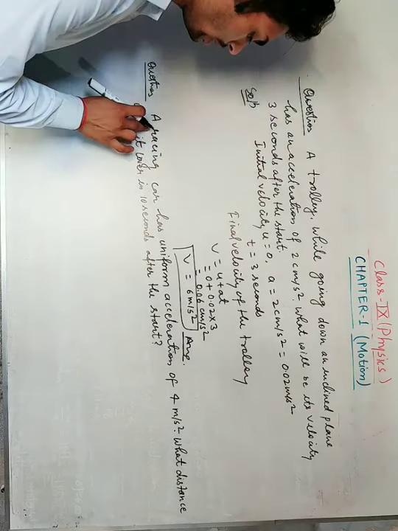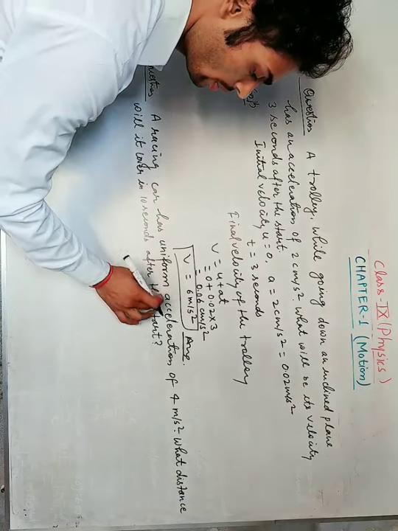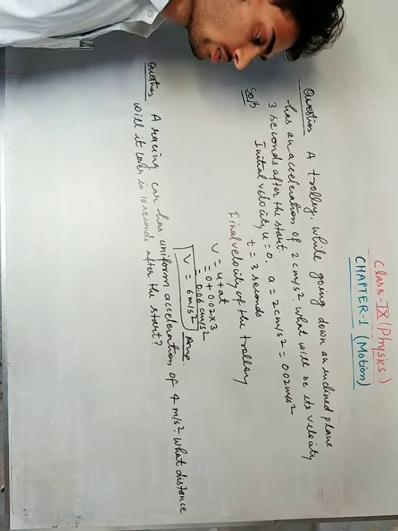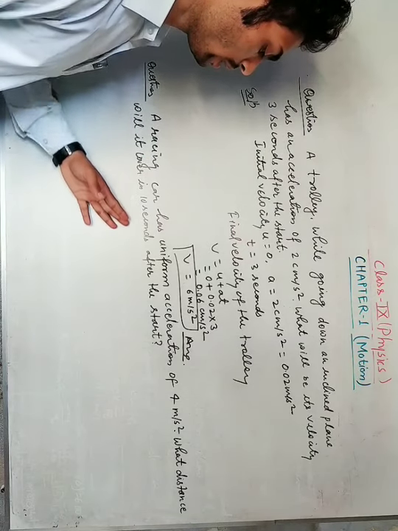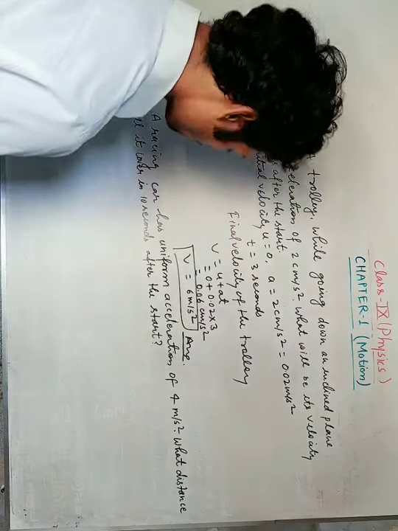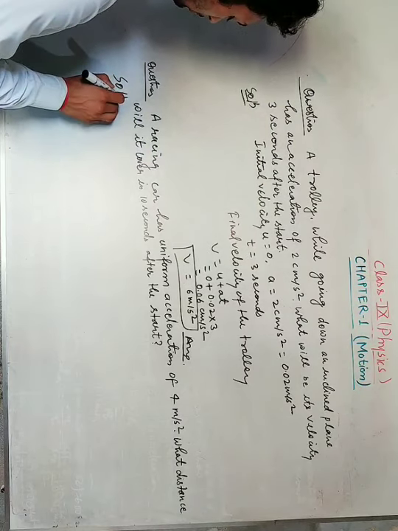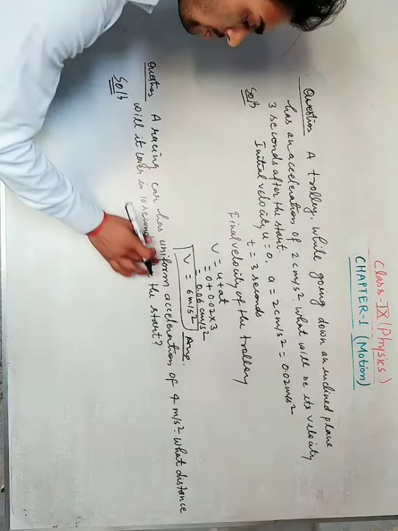And next numerical, a racing car has uniform acceleration of 4 meter per second square. What distance will it cover in 10 seconds after the start? Then solve. A racing car has uniform acceleration.